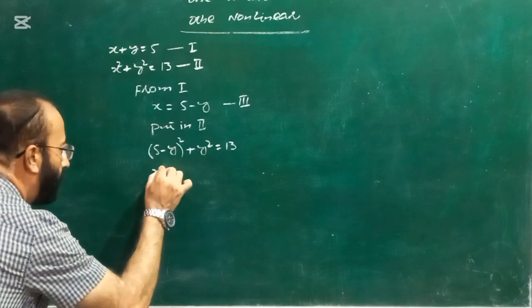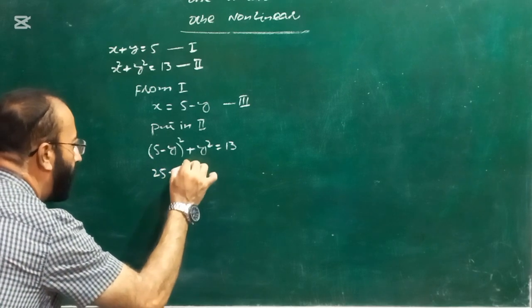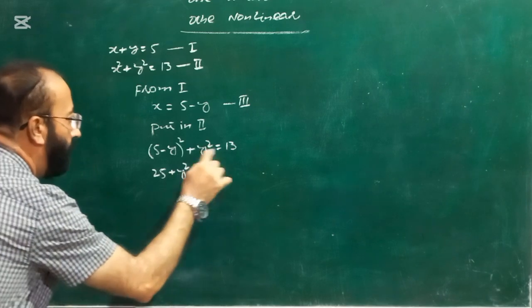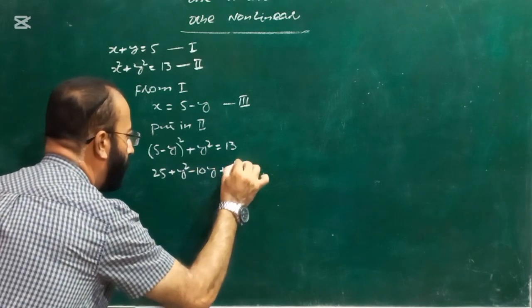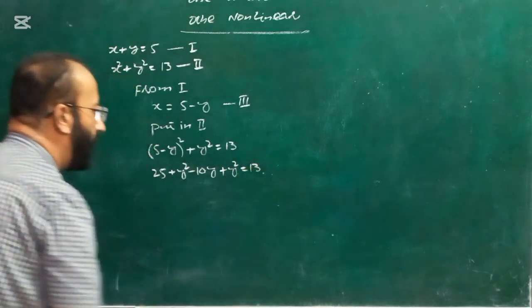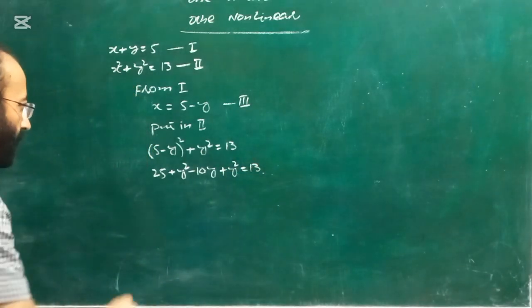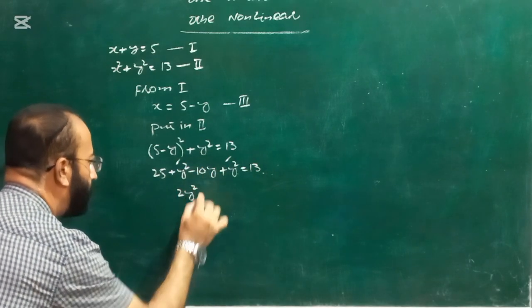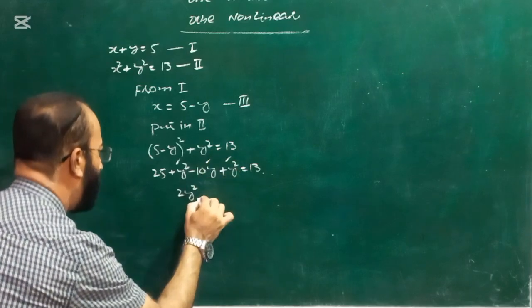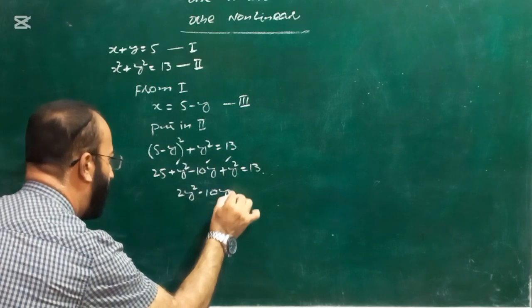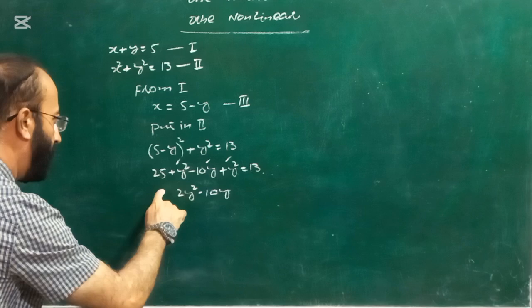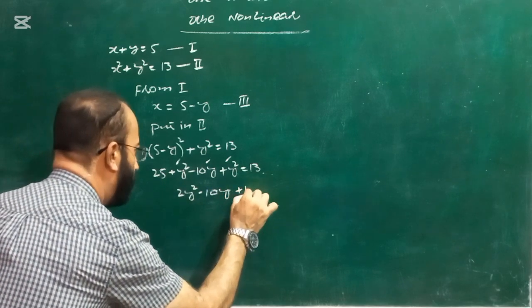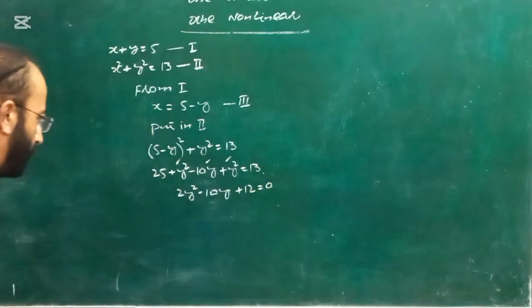So 25 plus y square minus 10y plus y square is equal to 13, which will remain as it is. From here you can see y square plus y square will be equal to 2y square, minus 10y will remain as it is, and this 13 will be shifted to the left hand side and it will be plus 12 equal to 0.